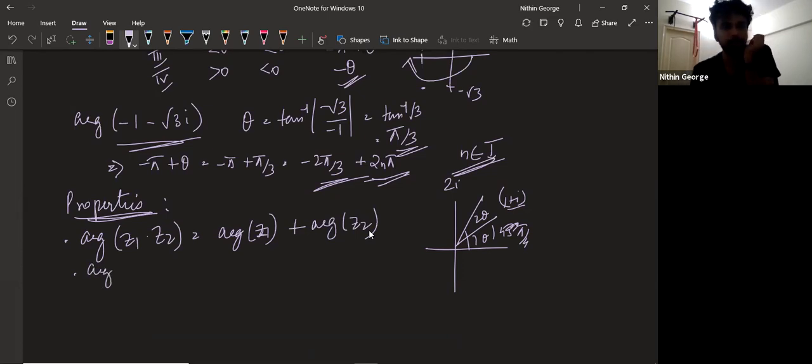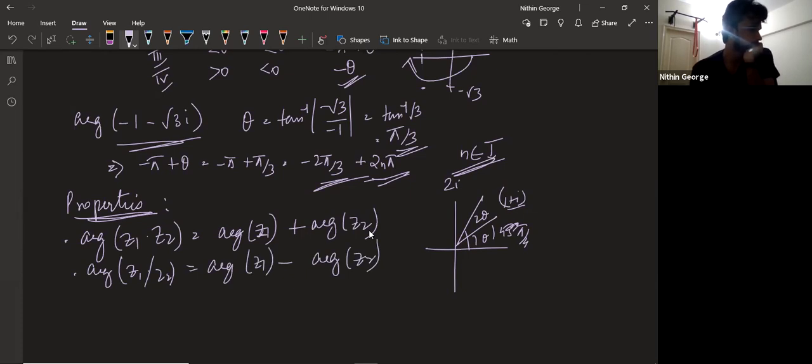Next, if you divide two complex numbers, their arguments are subtracted. This is pretty important. Keep this in the back of your mind always. You can remember it like this also. If you divide or multiply a complex number by a real number, like k into z, what happens?